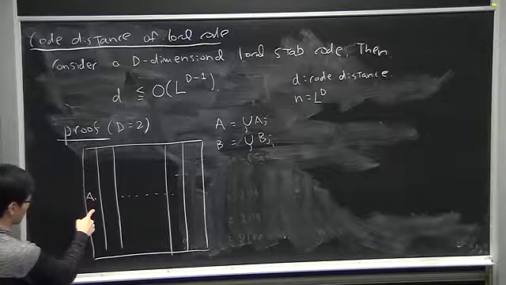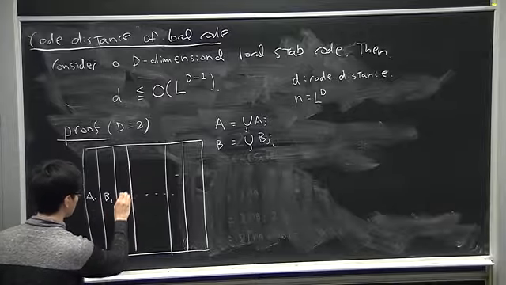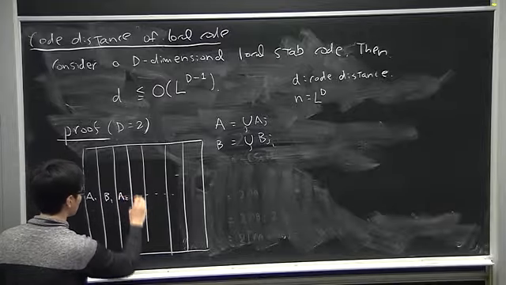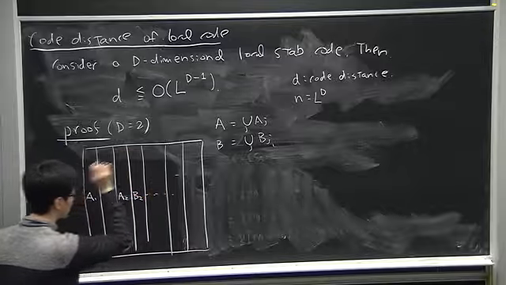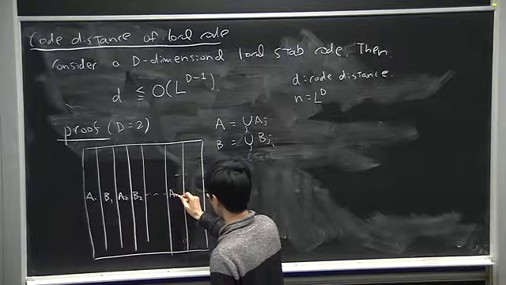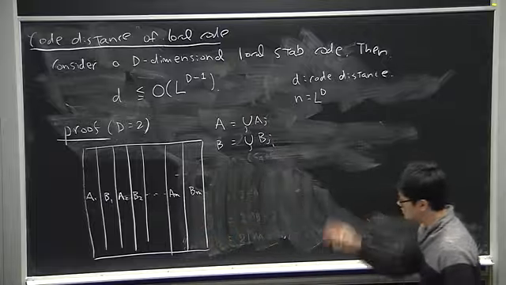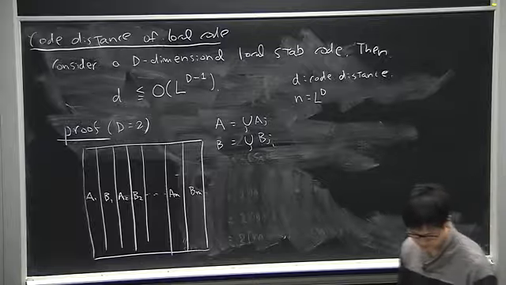Here's A_1, next you have B_1, then A_2, B_2, and keep repeating it, until at some point you have A_M and B_M. It's just an alternating manner.